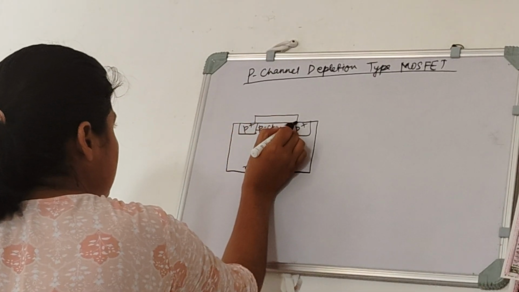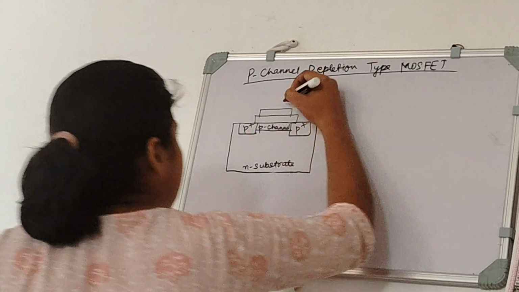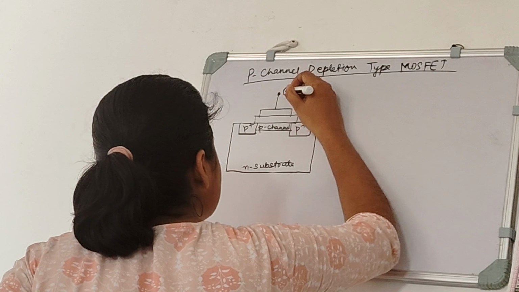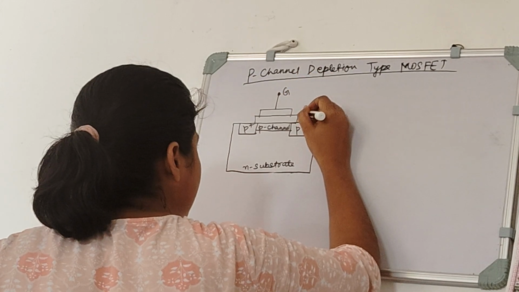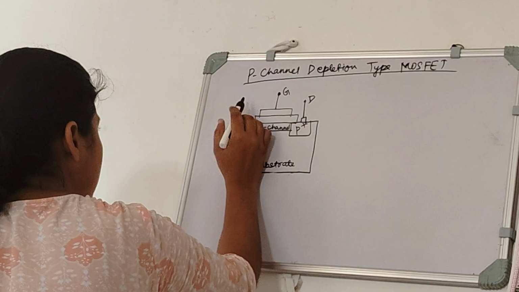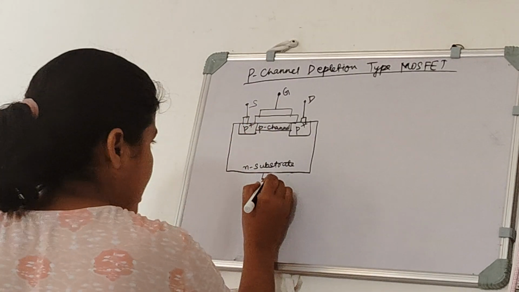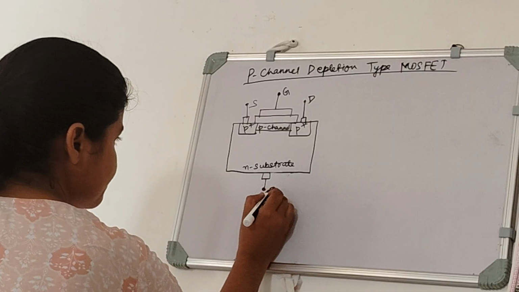And then there is the oxide layer, above that there is the metal layer, and then we have the gate terminal. Here we will have the drain terminal. Here we will have our source terminal, and here we will have our body terminal.